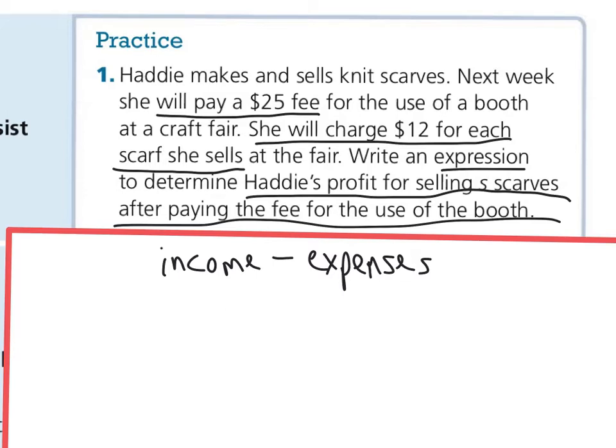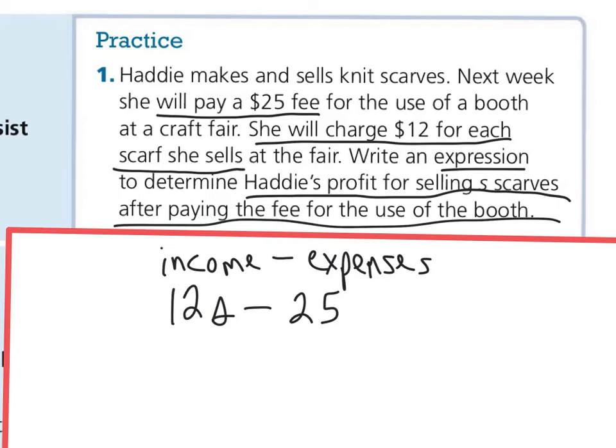So she's charging $12 for each scarf. So we'll say 12S minus the $25 that she had to pay for the booth. They're not taking into consideration here a fee for the materials.